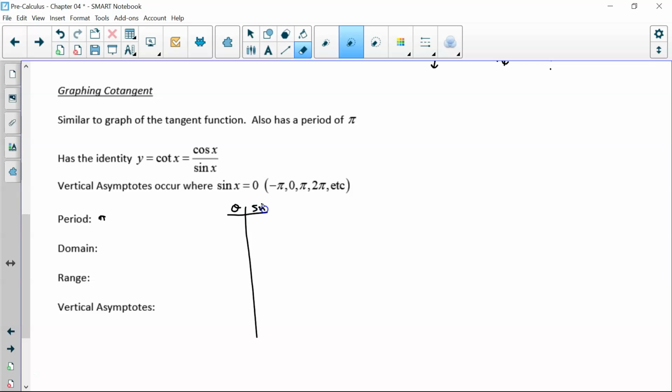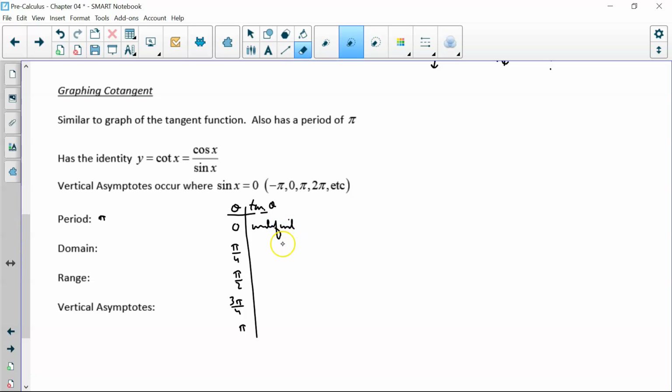Theta, tangent of theta. So we have our 0, pi over 4, pi over 2, 3 pi over 4, and pi. Now, our undefineds are when sine is 0, and sine is 0 at 0, so that's going to be undefined.